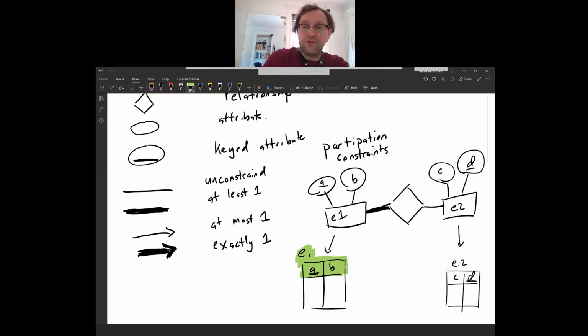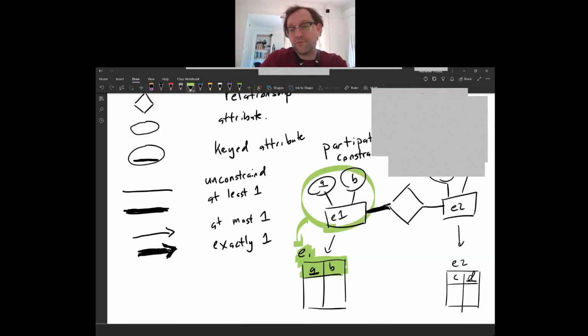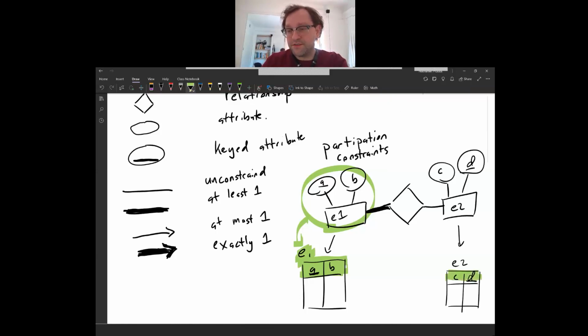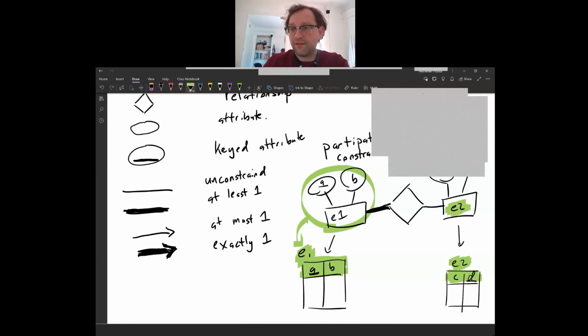Yeah, so with this ER diagram, just think about the name of the table and the columns of the table. Similarly for E2, this represents the name of the table and the name of the columns.